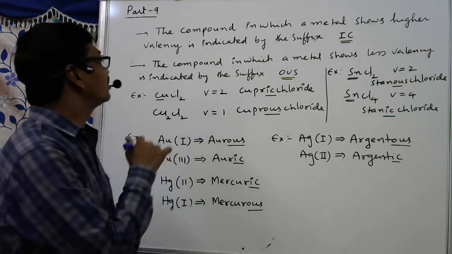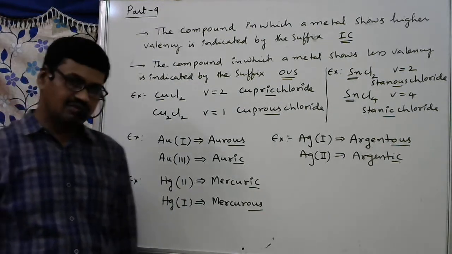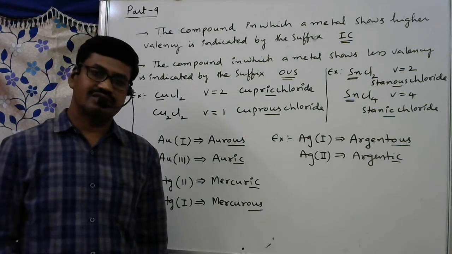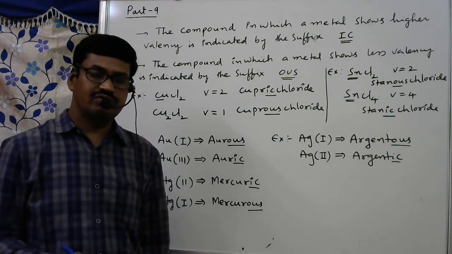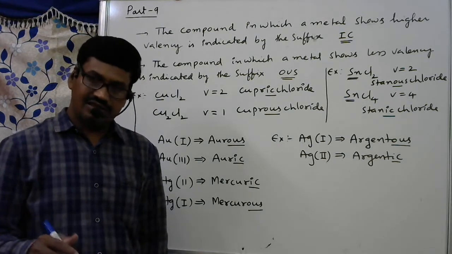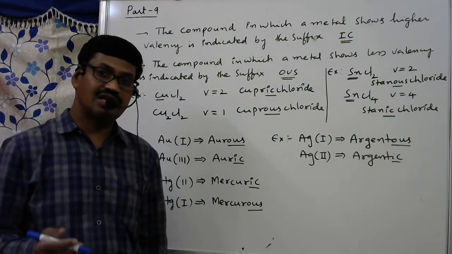So this is about variable valency in metals. Similarly, variable valency in non-metals also we have, but for that we have different ions. For that we need some more concepts with respect to electron configuration.